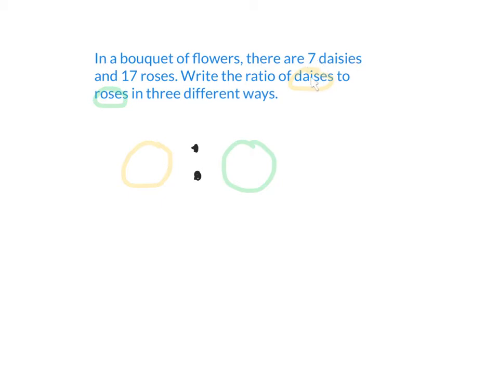If I go back and read in my answer, it says there are 7 daisies. So my first quantity is going to be 7 daisies. And my second quantity are the roses. There are 17 roses.